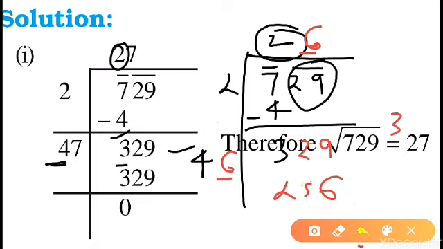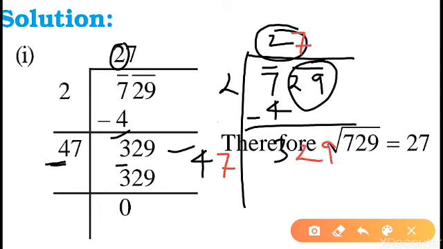Let's try for the larger one, and we see if we write 7 over here, we have to write the same 7 over here. So 7 7s are 49, carry 4, and 7 4s are 28, and 28 plus 4 is 32.